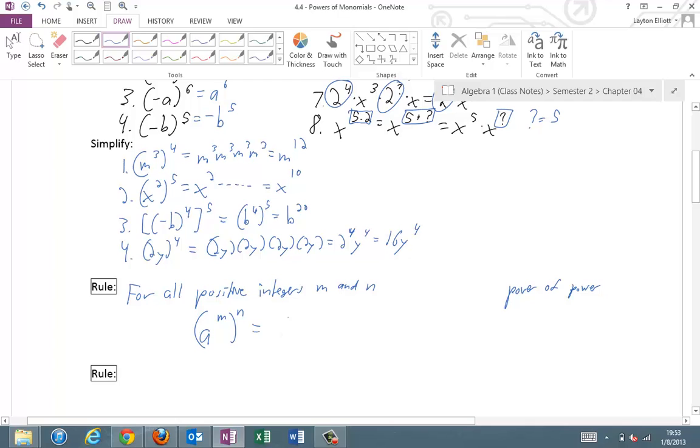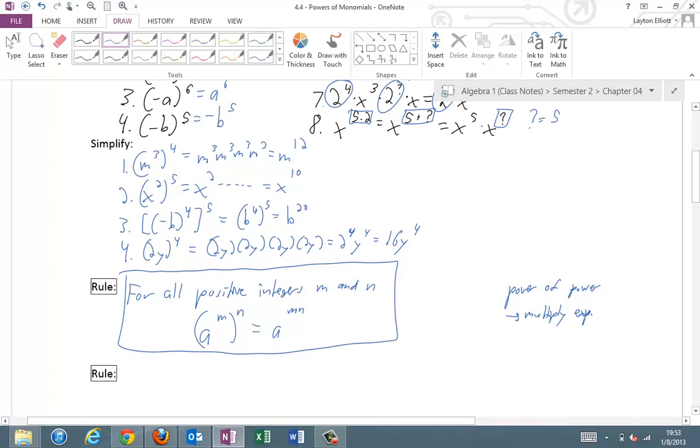That's the same thing as a to the m times n, or a to the mn. Power of powers means you multiply the exponents. That's going to be a theme that we emphasize throughout this chapter. So for all positive integers, a to the mn is equal to a to the m times n.